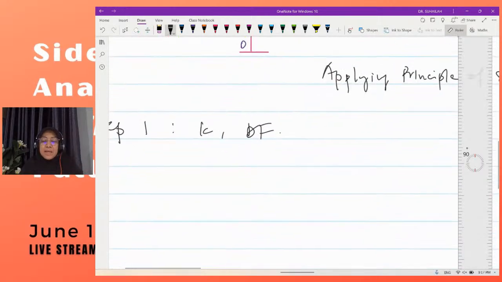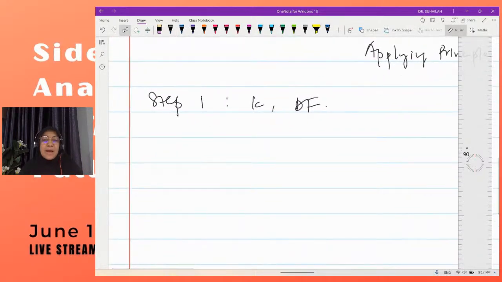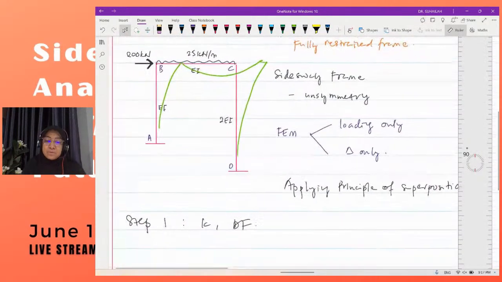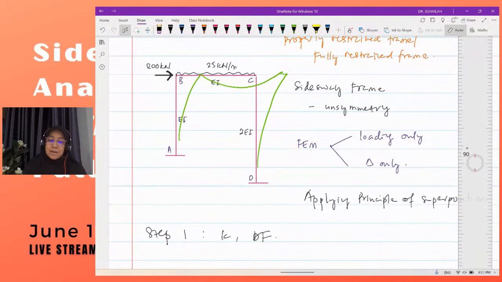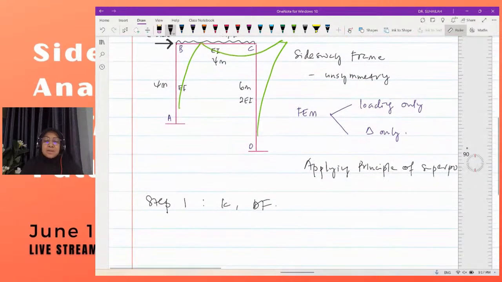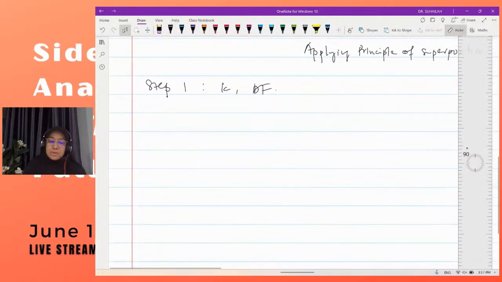The lengths are given as previously: this is 4 meter, this is 6 meter, this is also 4 meter. We calculate K in order to determine the distribution factor.